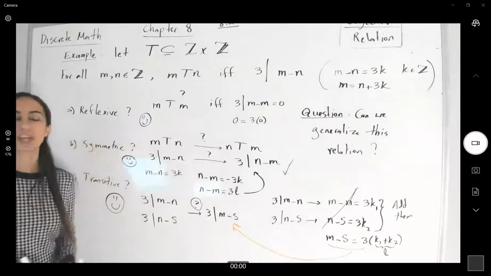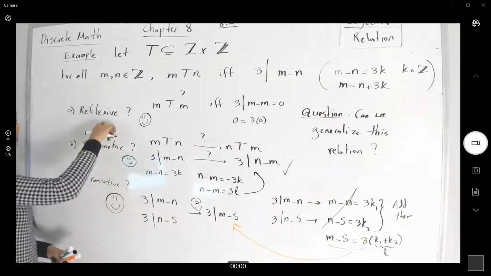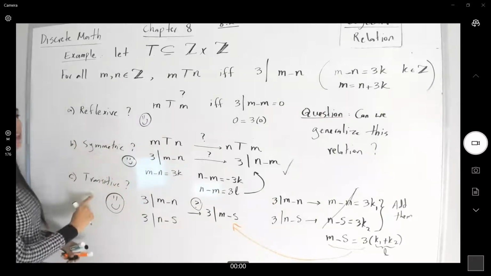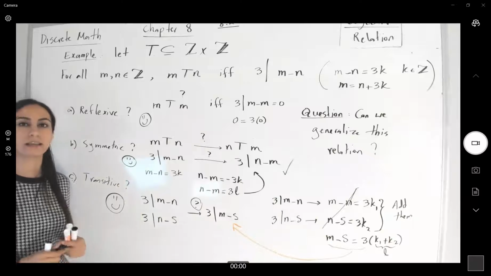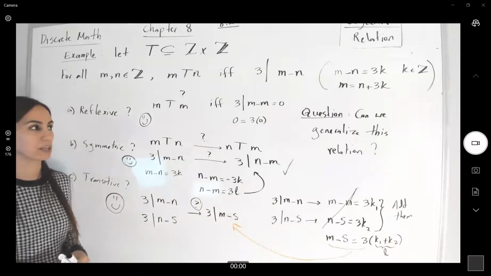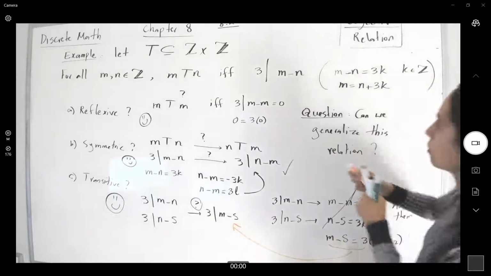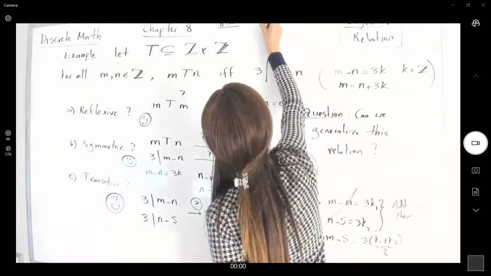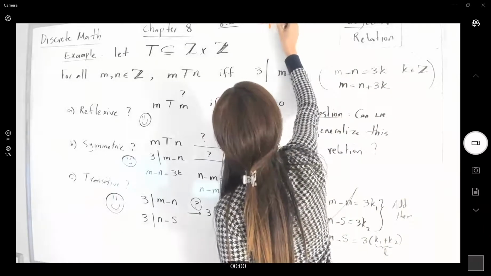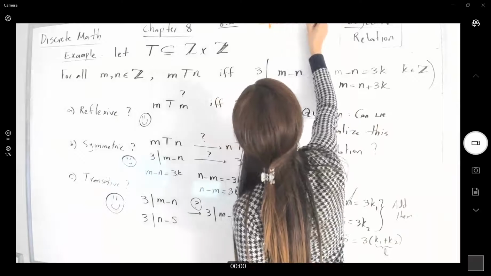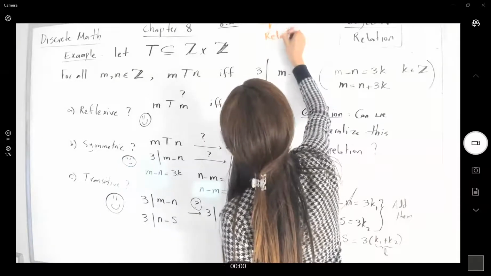When a relation is reflexive, symmetric, and transitive, we call it an equivalence relation.